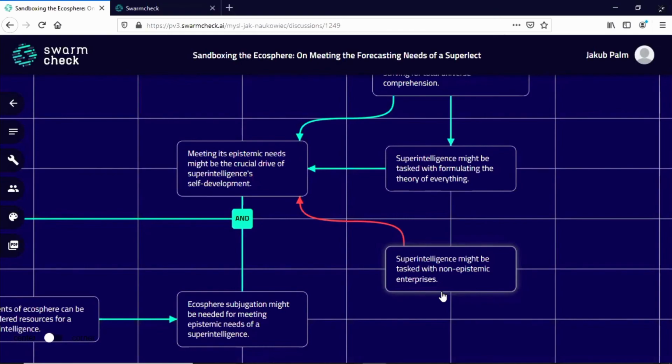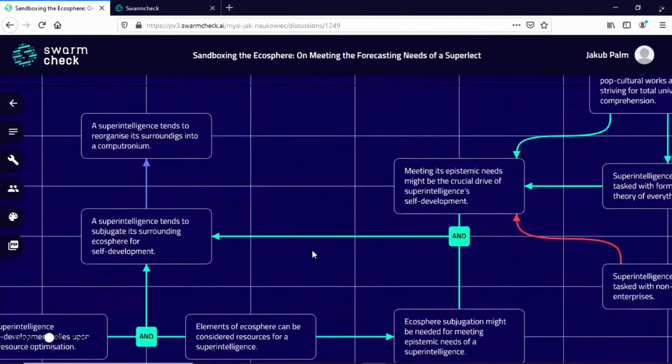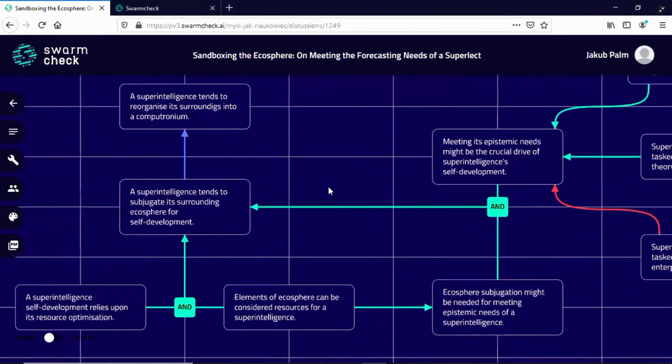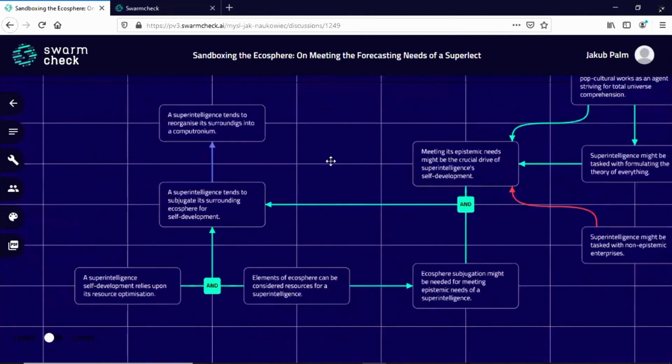By relying on its function, it will try to create more and more paperclips, and to create them more efficiently it will need to use all the material in its surroundings, in its ecosphere, and then eventually turn the whole universe, as far as it can reach, into a giant paperclip. This is not related to the epistemic drives, but still might be a familiar concept.